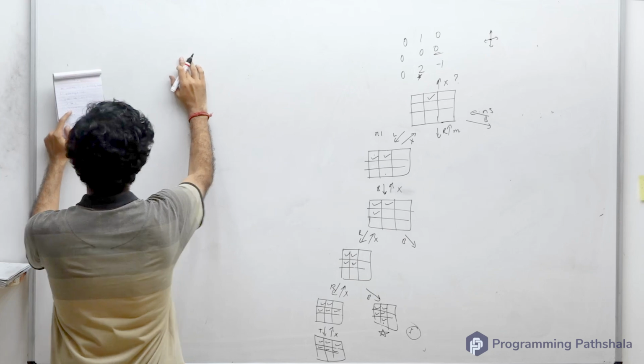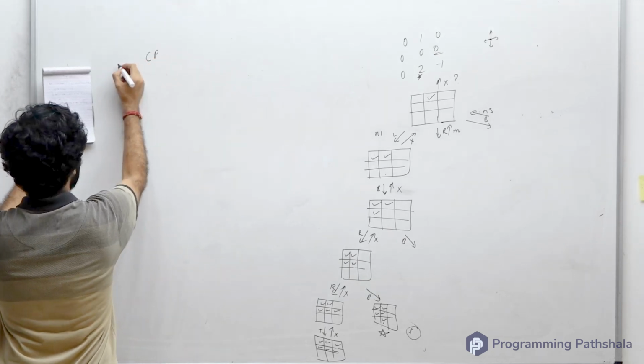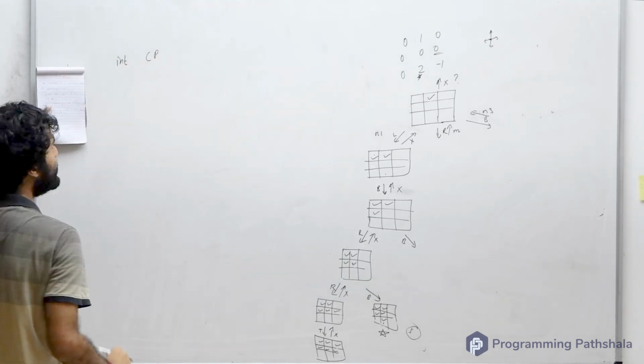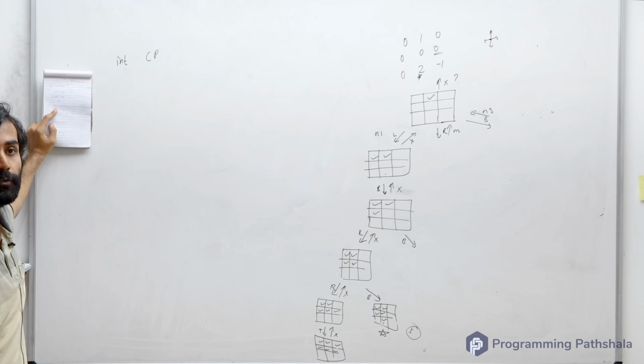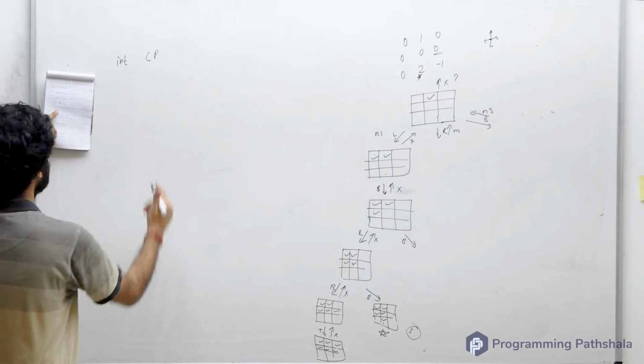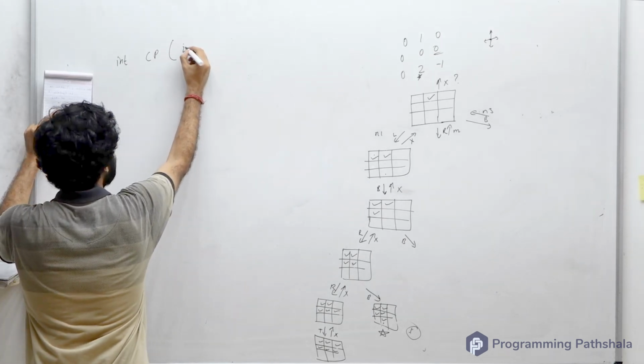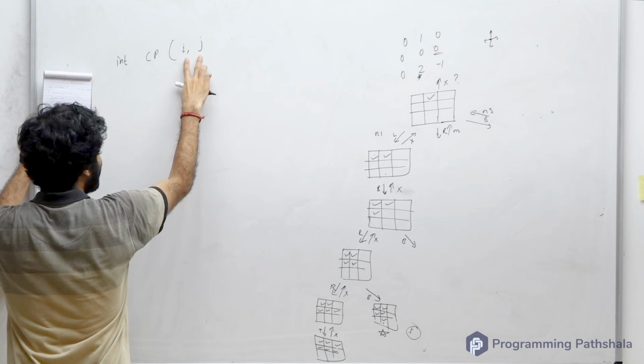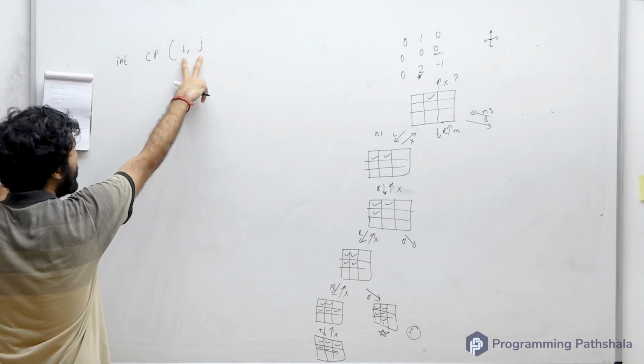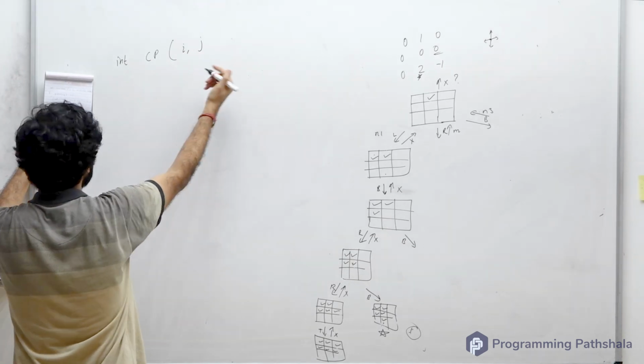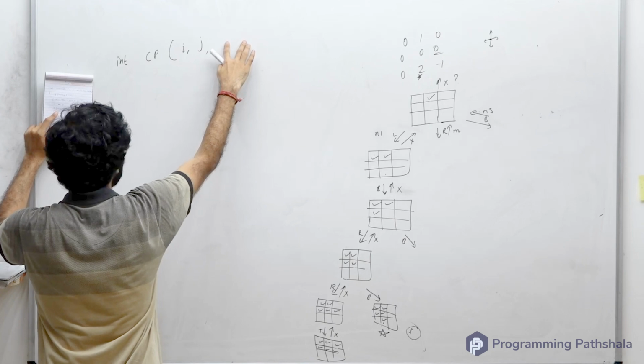Let's say there is a function countPaths, and it returns an integer, which is the number of unique paths from source to destination. So first you will pass the coordinates where you are at, and the initial value of coordinates will be the coordinates of your source. What will be another thing that you wish to pass?